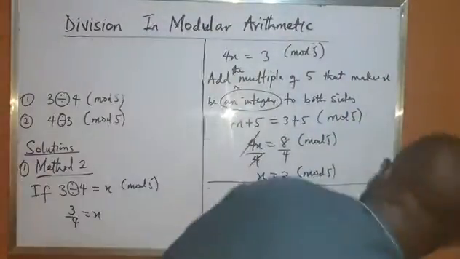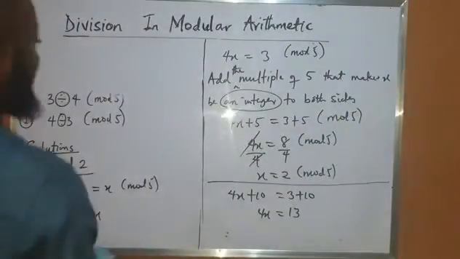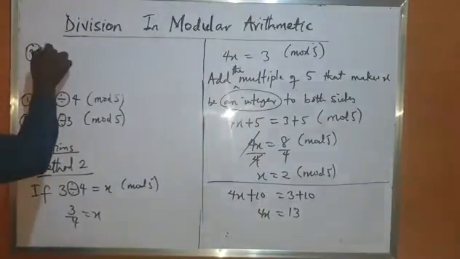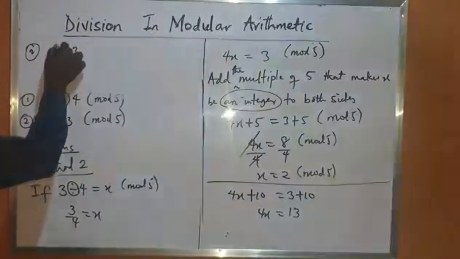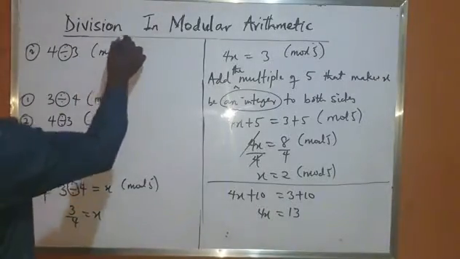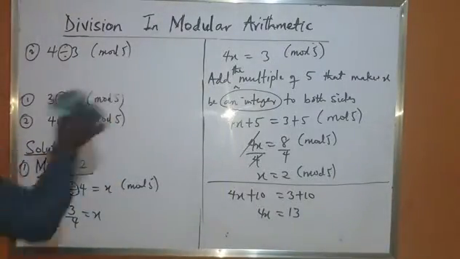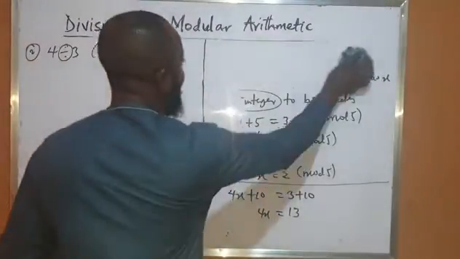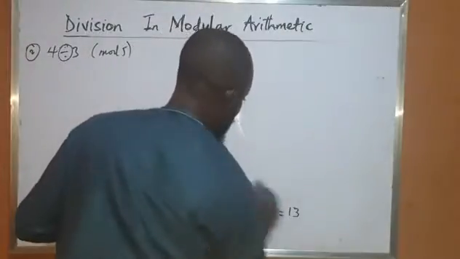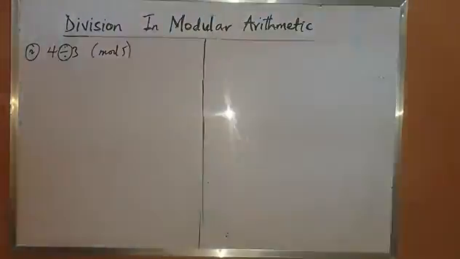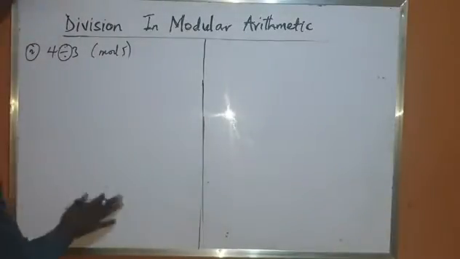So let's now look at the second example that we have there, which is example 2. We have 4 divided by 3, just like the opposite of this one, in mod what? In mod 5. Let's see what we're going to get. So let's use the first method and see what we're going to have.